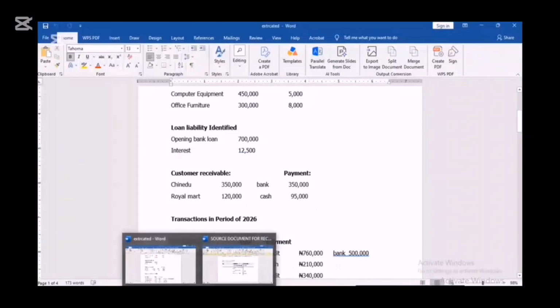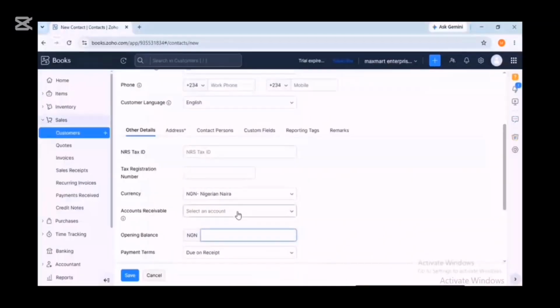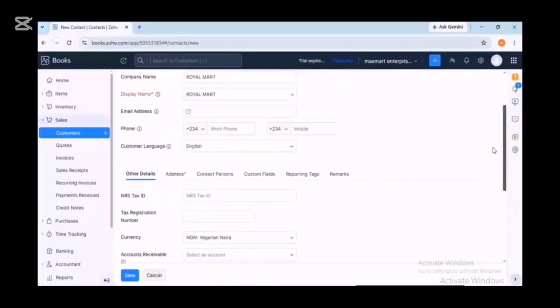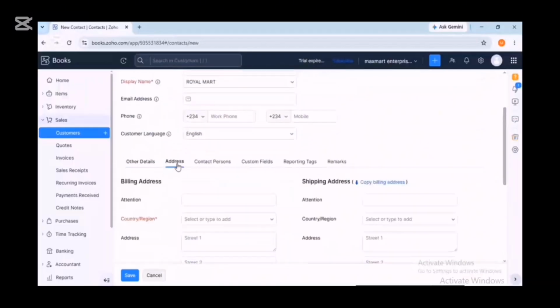So let's enter the amount he was owing from the previous years: 120,000. So that's that. So let's enter his region address. Definitely Nigeria. Select that. Let's save.